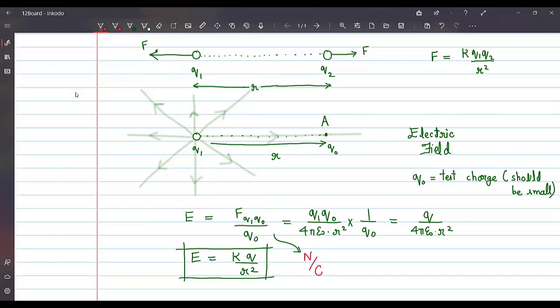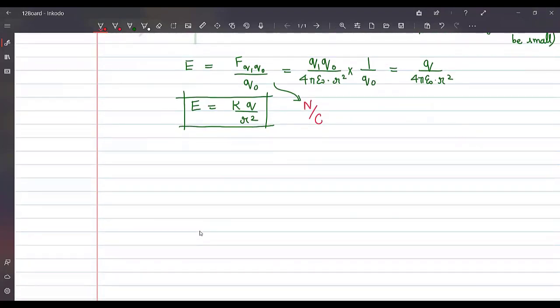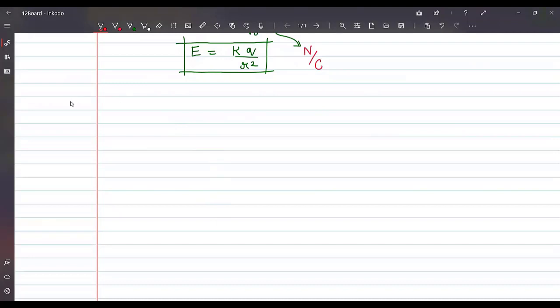And this is how charges know that there are other charges present in the region, and there is a force acting on the charge. Before going into the properties of the electric field, we'll first do a few problems.